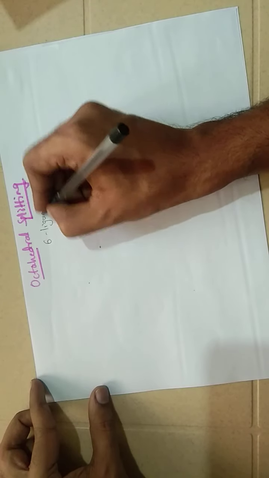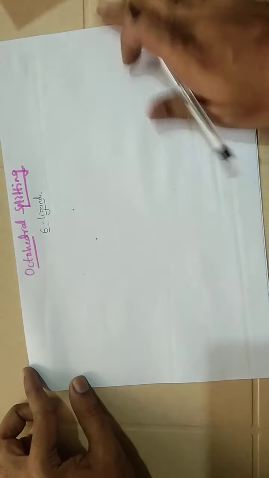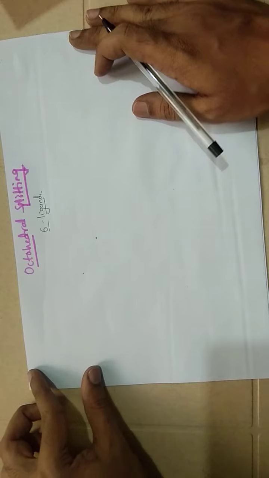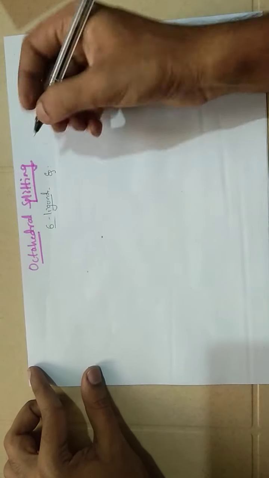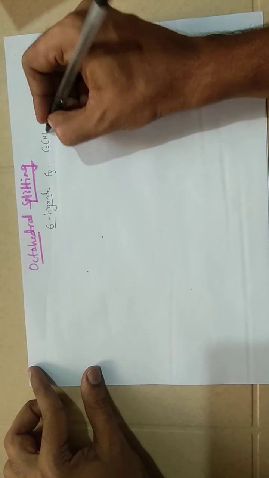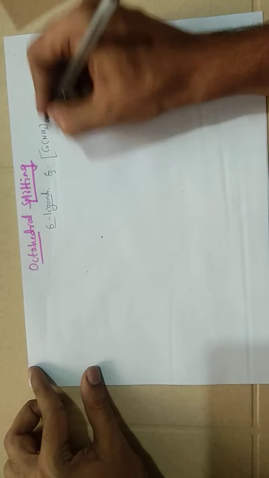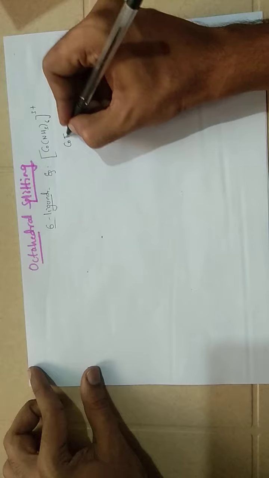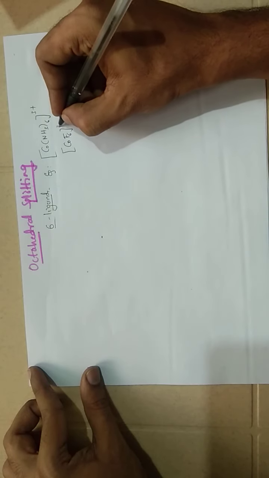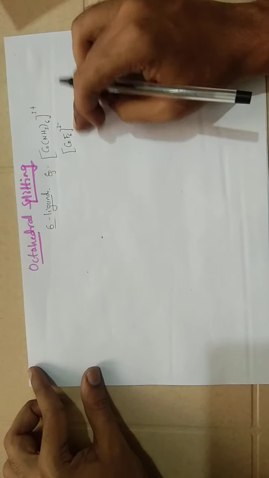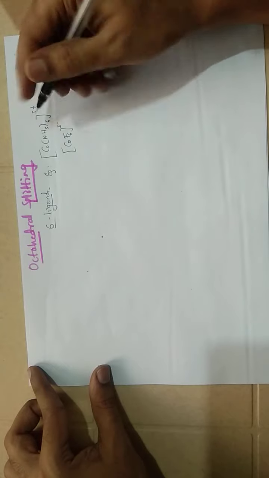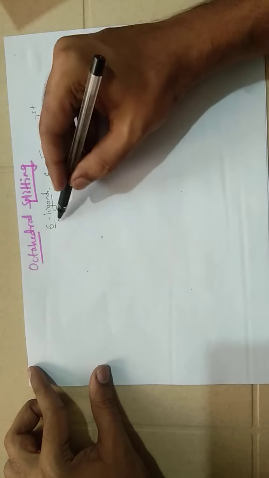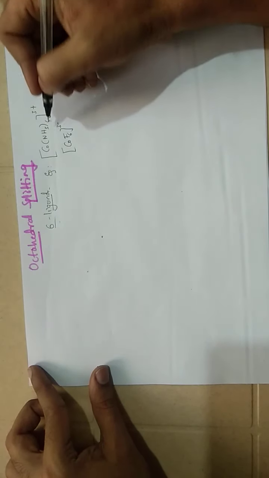The metal is surrounded by 6 ligands. You can take many examples like cobalt amine cationic complexes, or anionic complexes, any complex where the coordination number is equal to 6. This is your coordination number, your secondary valency. We have studied Werner's theory.